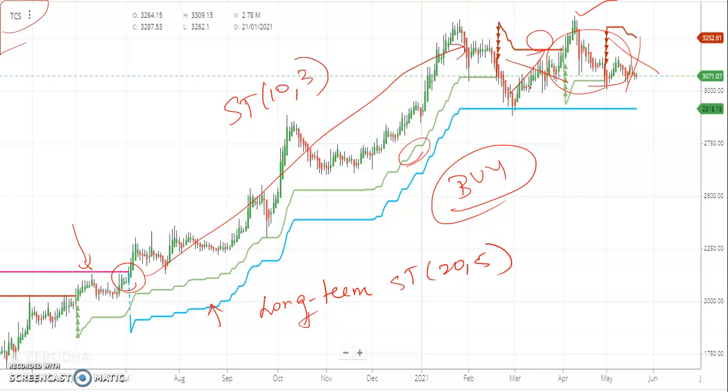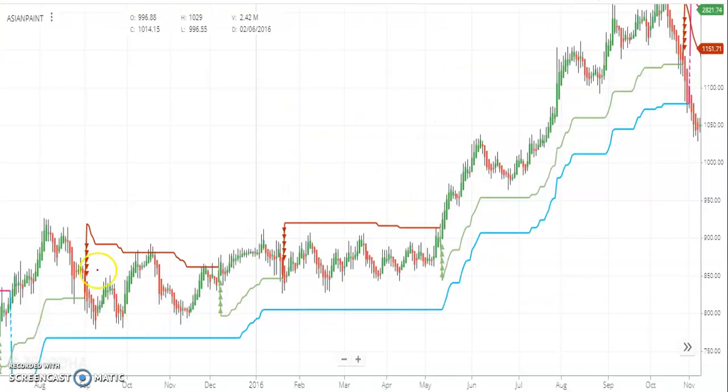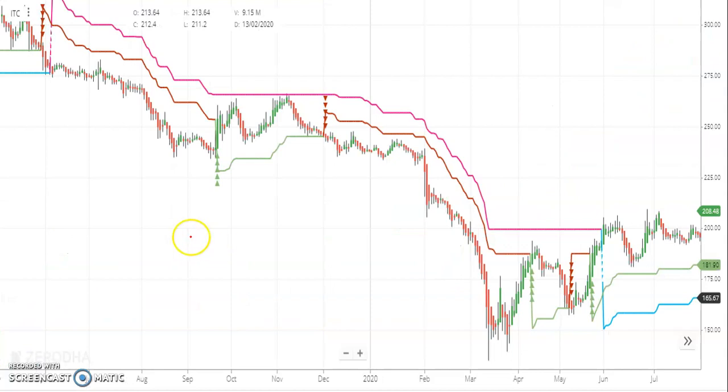Okay, so this is for buy. One more example here. Long term, it is a buy. So execute only the buy. Okay, don't execute the sell trade when the long term trend is in a buy market or in the up market. Similarly for sell, as you can see, the long term gives a downside market, so do only the sell side.